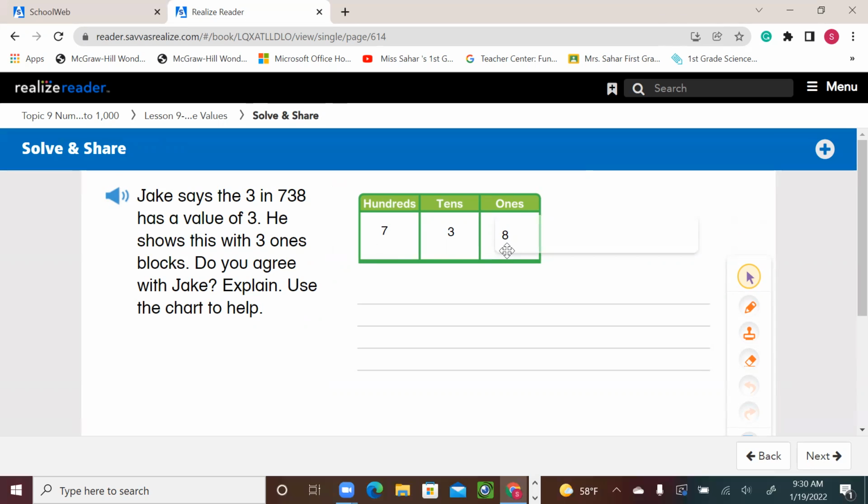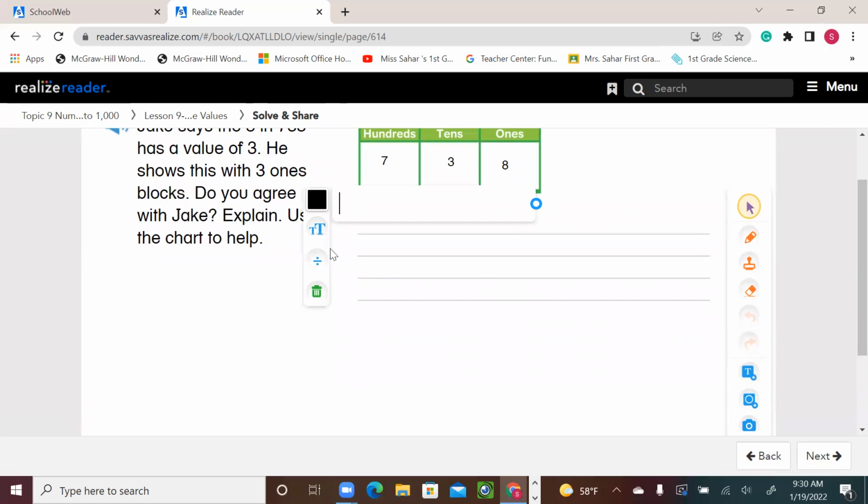738. So Jake said that the 3 has a value of 3, but it's not. The 3 in 738 is 30. So let's write this down. So we'll say, I don't agree. That was the first part of your question.